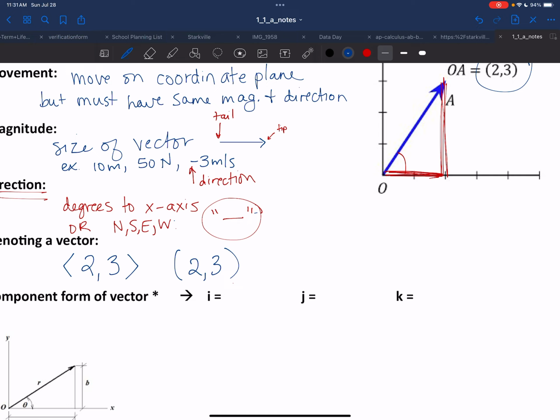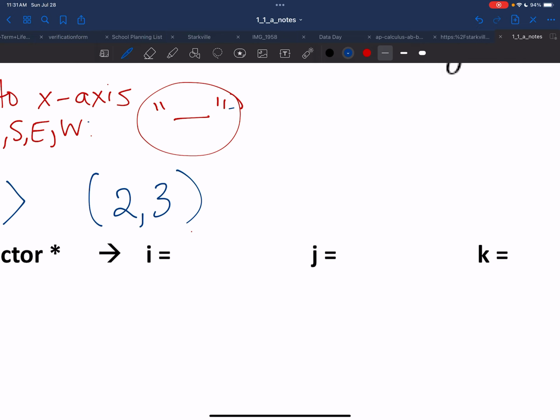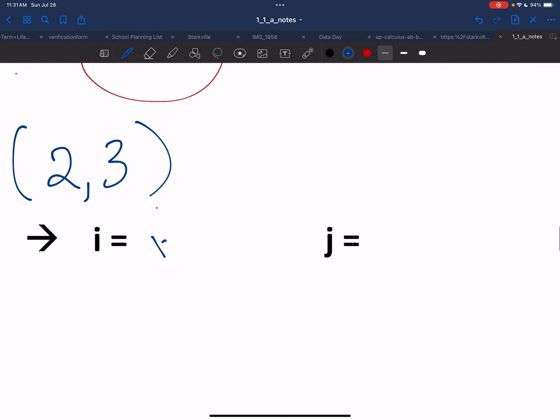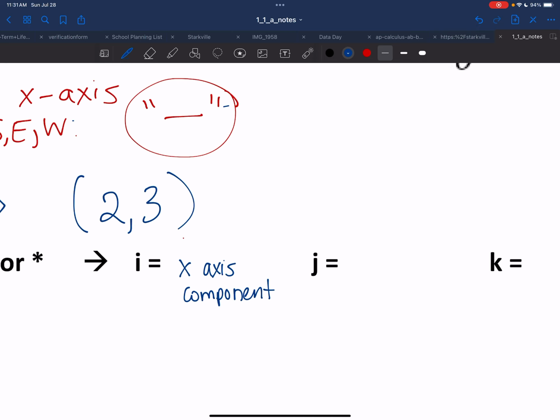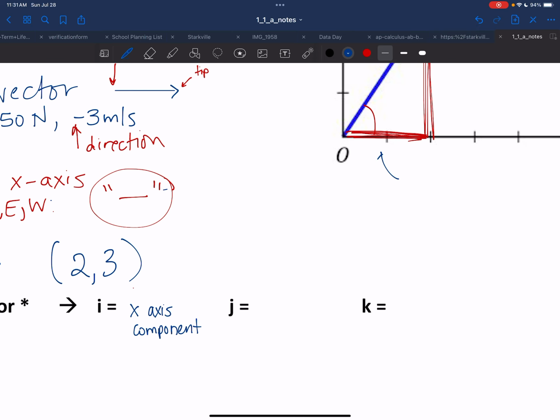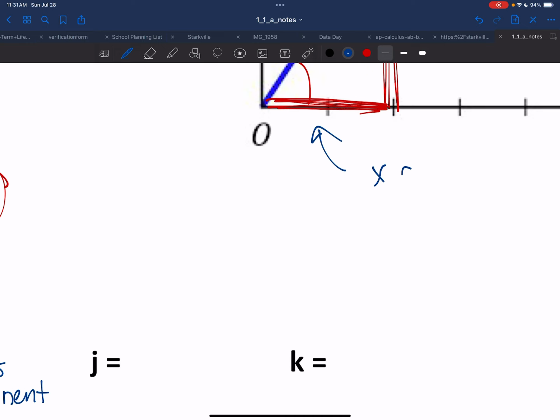So when I look at the designation of i, I'm talking about the x-axis component. So in this example, this is my x-axis. Hang on a second. This is not writing really well.